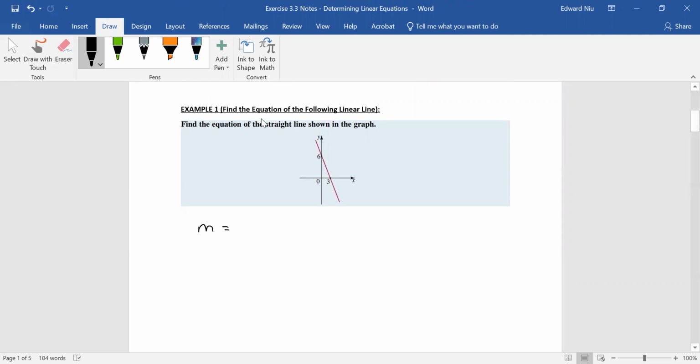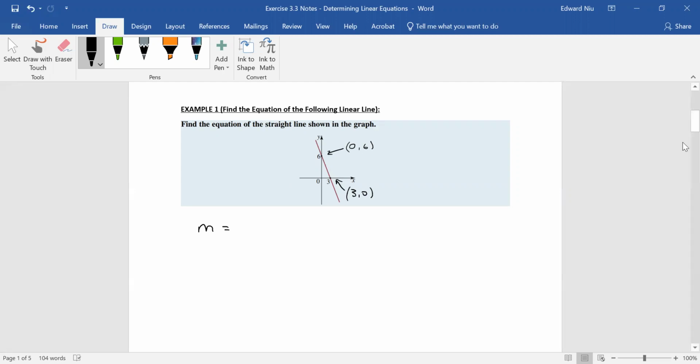Let's label these coordinates. The higher coordinate is 0, 6, because it's on the y-axis, so the x value is 0. This coordinate here is going to be 3, 0.